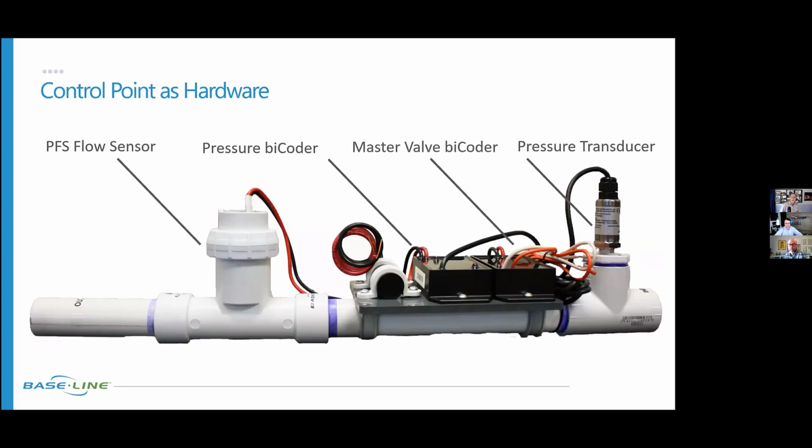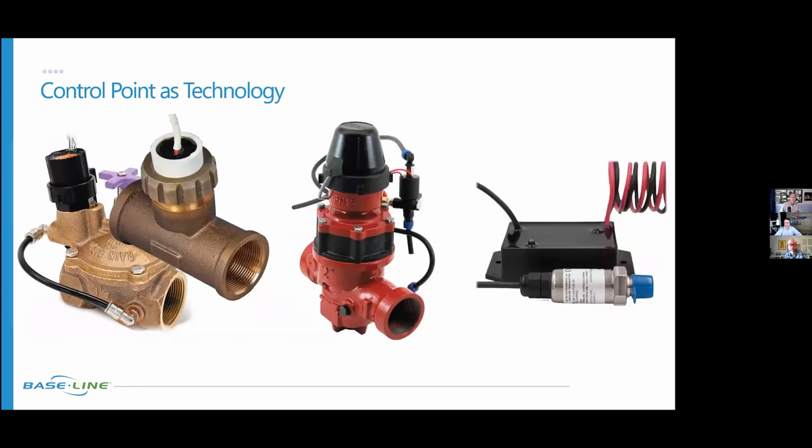You add your own master valve, and then the pipe diameters upstream and downstream of the flow sensor are appropriate for whatever size flow sensor those are. So it'll look just like this. You'd add your own master valve into the assembly. Mm-hmm. So it can be a piece of hardware, but a control point is also a technology.